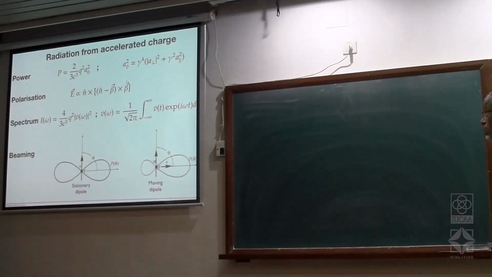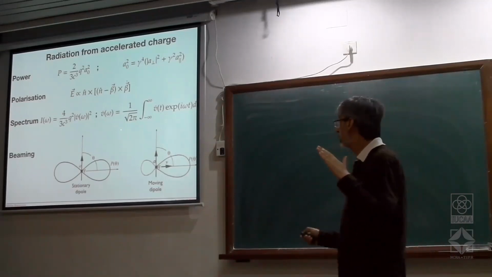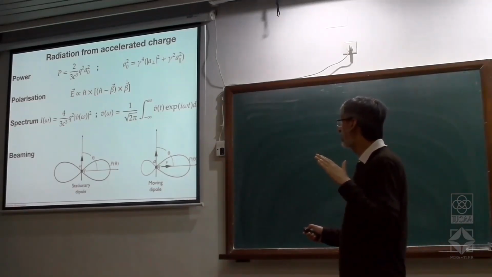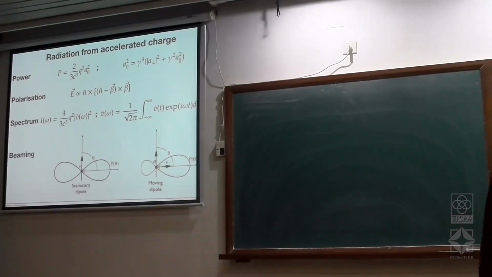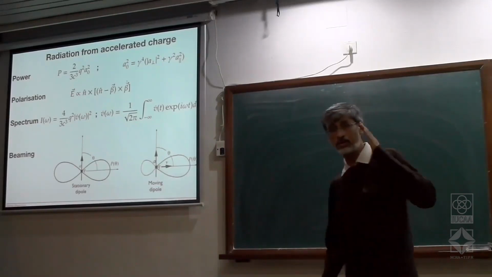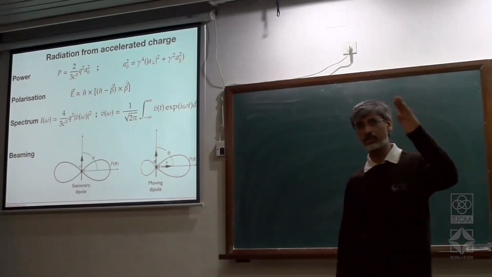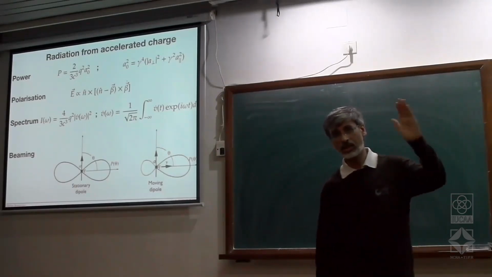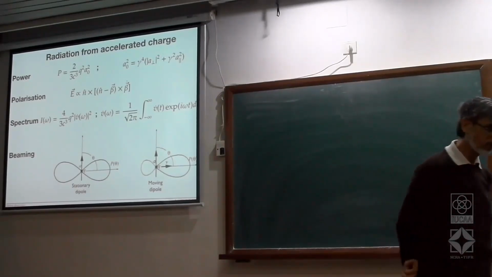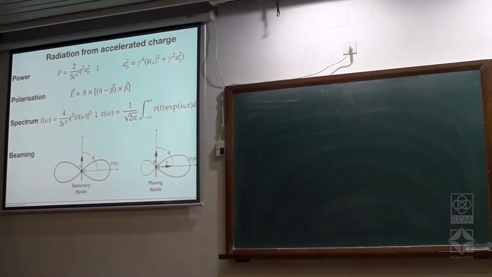Now, if all these quantities are non-varying, at least non-varying in direction, then you will have a 100% polarized emission from this charge as you integrate over time. But in general, that is not true. In general, two averages will happen.